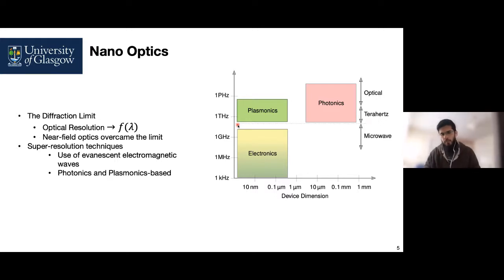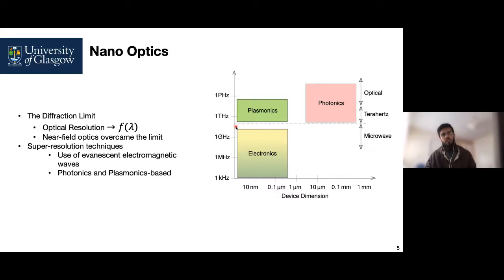Now, with the emergence of super resolution techniques based either on photonics or on plasmonics, what is contrasting here is that we now deal with imaging techniques in which the wave and matter interaction actually happens in the near field. Or in other words, evanescent waves, electromagnetic fields, or the near fields, come into play in these imaging techniques.